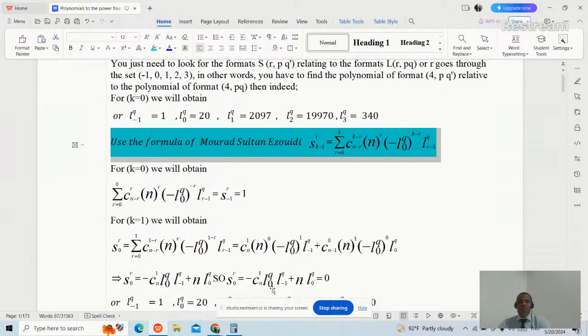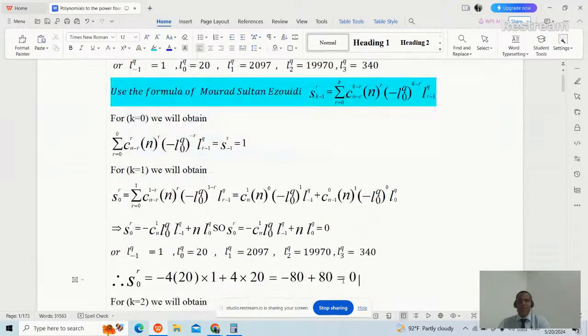I will put this into parentheses. It will be L0Q times minus n plus n, which in fact is 0, okay.